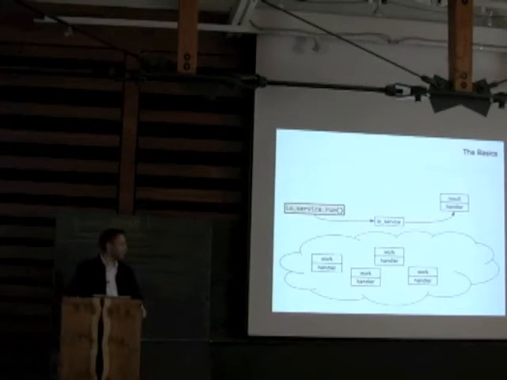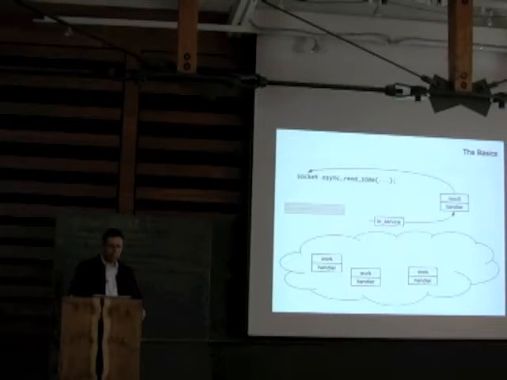What then? Well, in most ASIO programs, you will take the opportunity when you dequeue a work item to initiate another asynchronous operation. So in the case of after you've connected your socket, the first thing you might want to do is initiate a read.